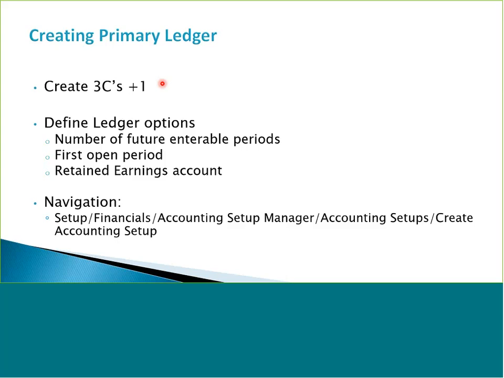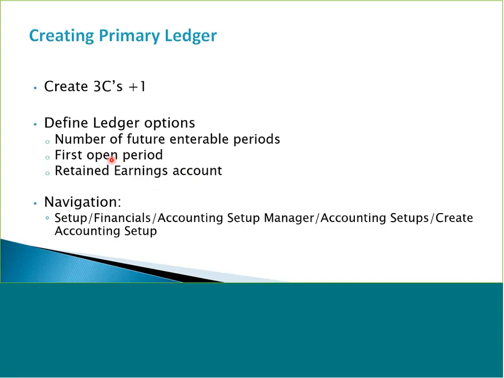When we're creating our ledger, we are going to have to define a few options, which is the number of future enterable periods, as we explained in the previous slide. We are going to tell the system what the first open period is, and we are going to specify the retained earnings accounts. And when we're discussing the retained earnings accounts, we're going to go back to the concept of dynamic insertion that we mentioned when we were creating the chart of accounts.